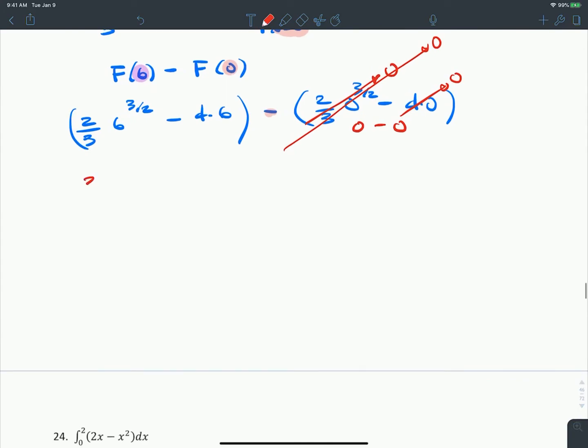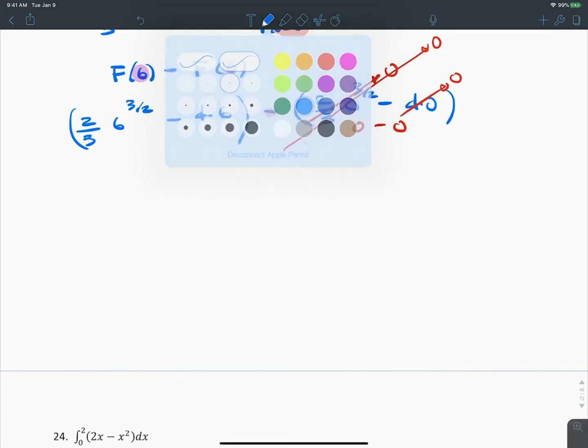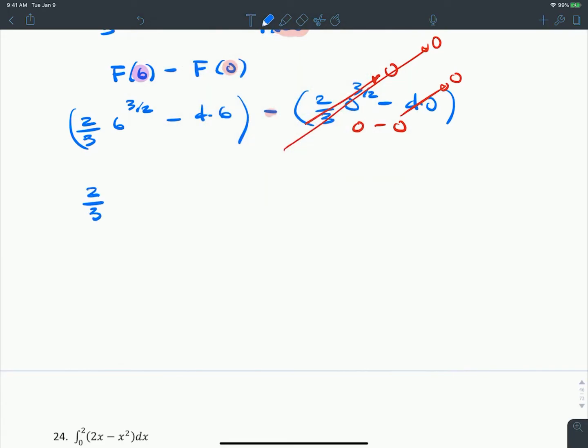So I can just drop my parentheses now, and what we end up with is 2/3, this is 6, times 6 to the 1/2 minus 24. Because your power here is 3/2. And what we're going to do is write that as a mixed number and use properties of exponents.